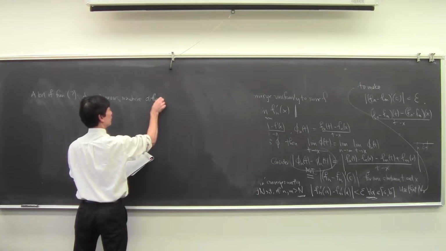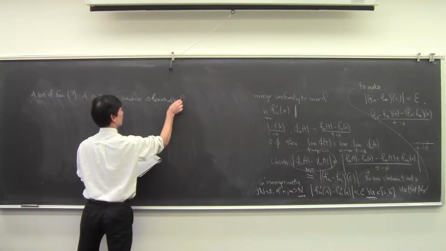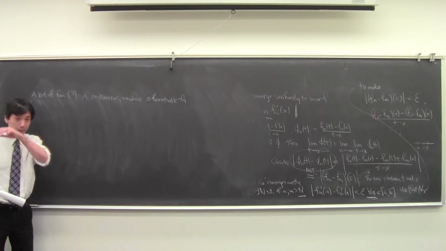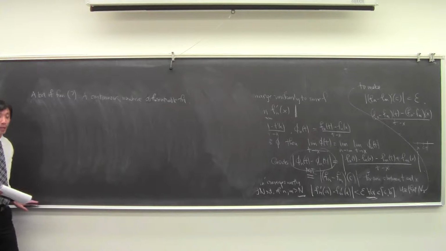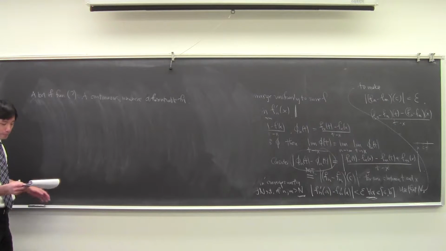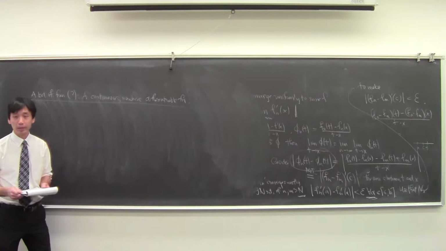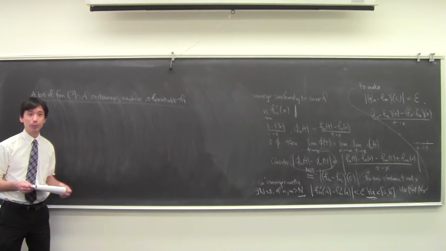Okay. This is something that horrified the analysts of the 19th century. I think it's Weierstrass who came up with this. For a long time, people thought that if you're continuous, then you're differentiable.